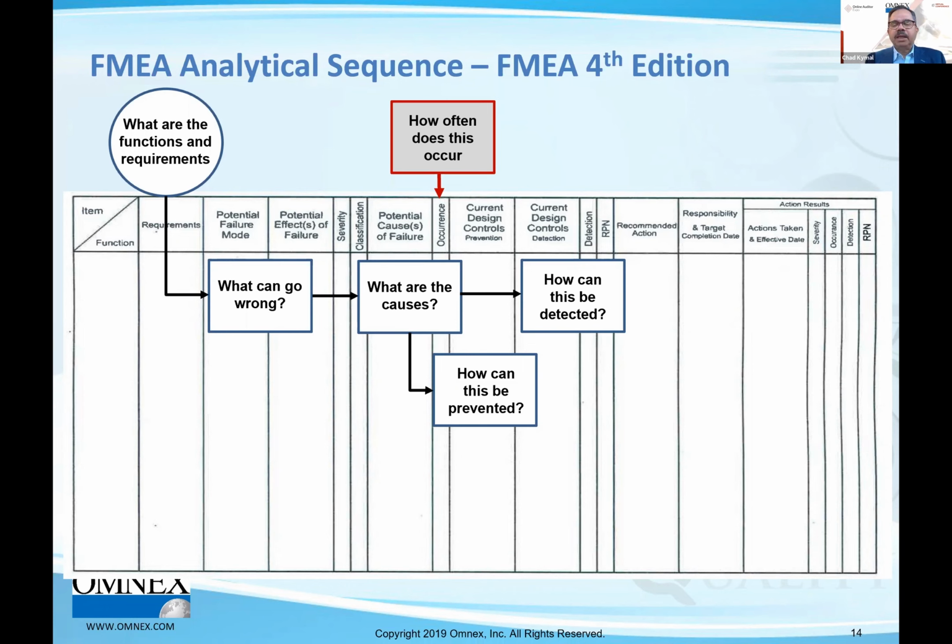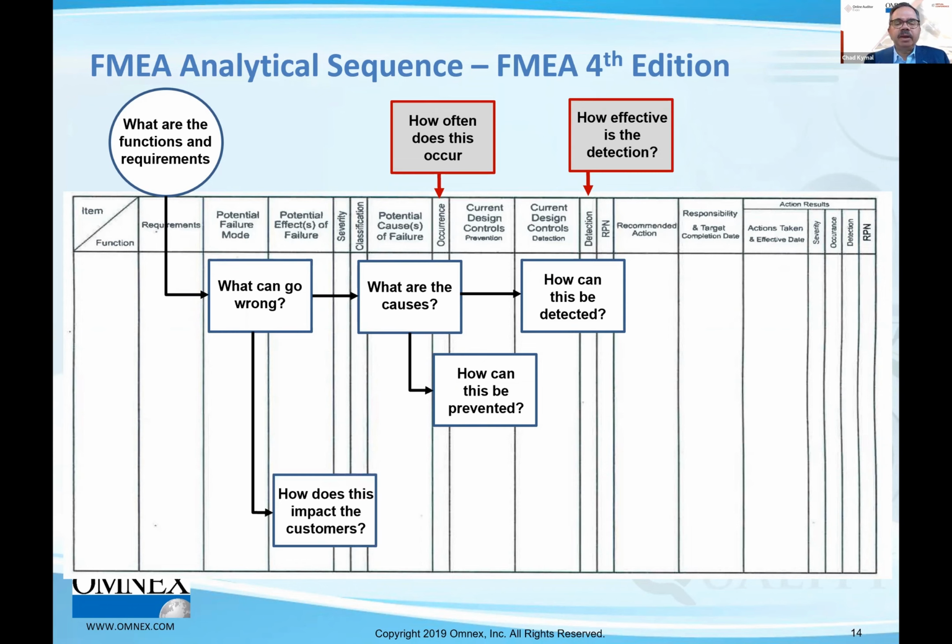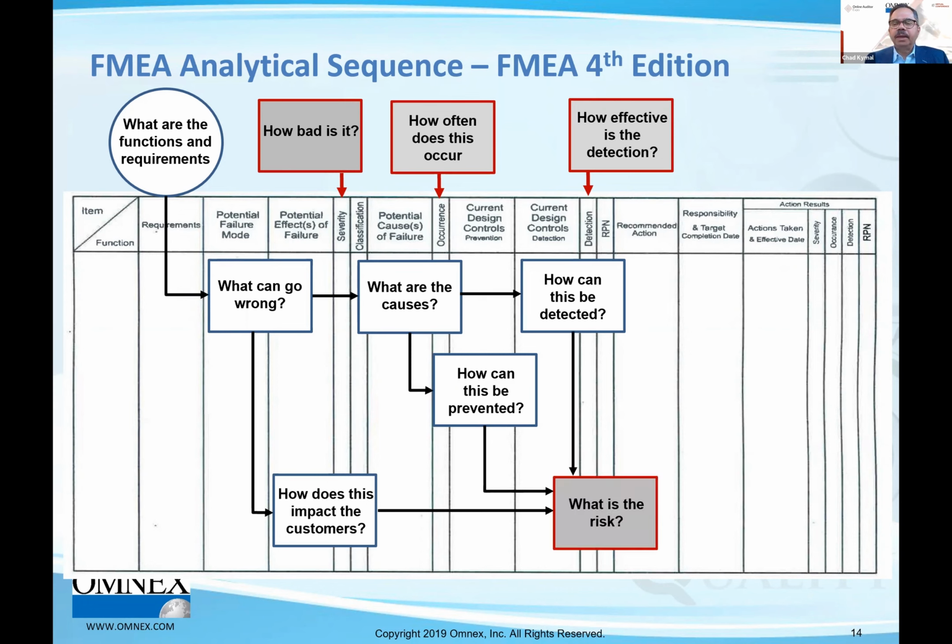Just like the PFMEA and the control plan are linked, the DFMEA and the DVP&R or test plan are linked, okay? And then we come up with a detection number, and then we're missing something, that's severity. And we ask the question, how does this impact the customer? And we come up with a severity. You multiply it out, and you come up with the all-important RPN number. Okay, that's it, all-important.